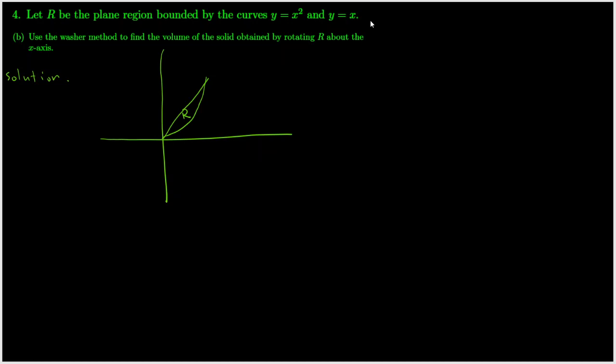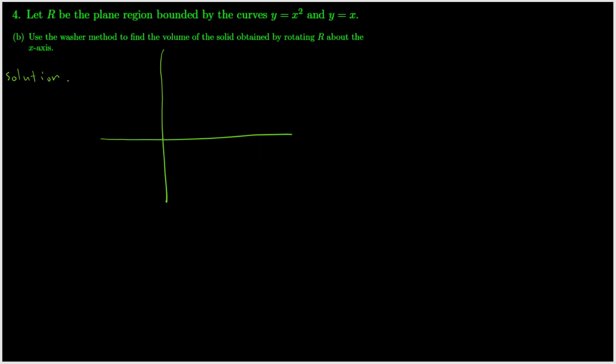Don't be dizzy. We are going to rotate the plane region R around the horizontal axis, around the x-axis. Now if you are confused, cut a piece of paper in this shape. Maybe I'm going to make the whole thing a little bigger.